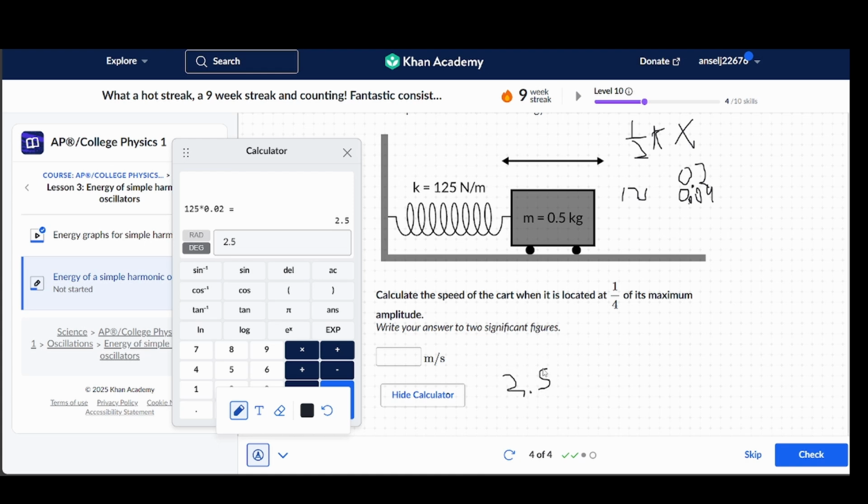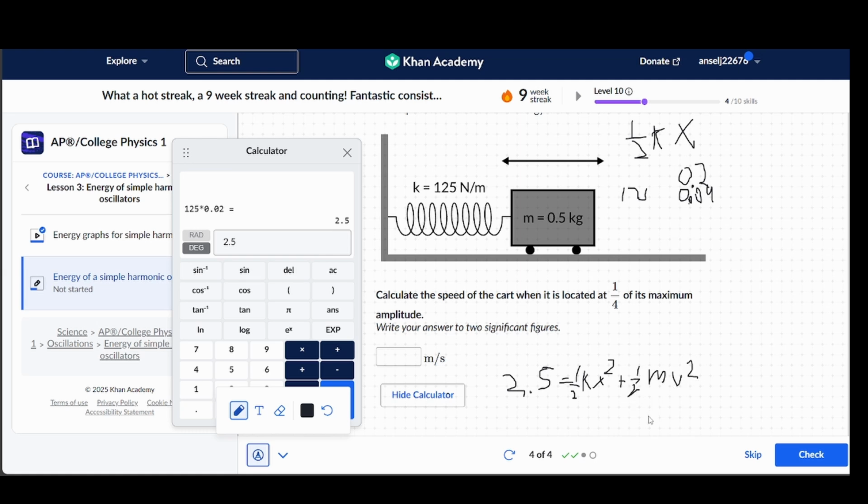So now all we gotta do is 2.5 is equal to 1/2 kx squared, we already know all of these things, plus 1/2 mv squared.